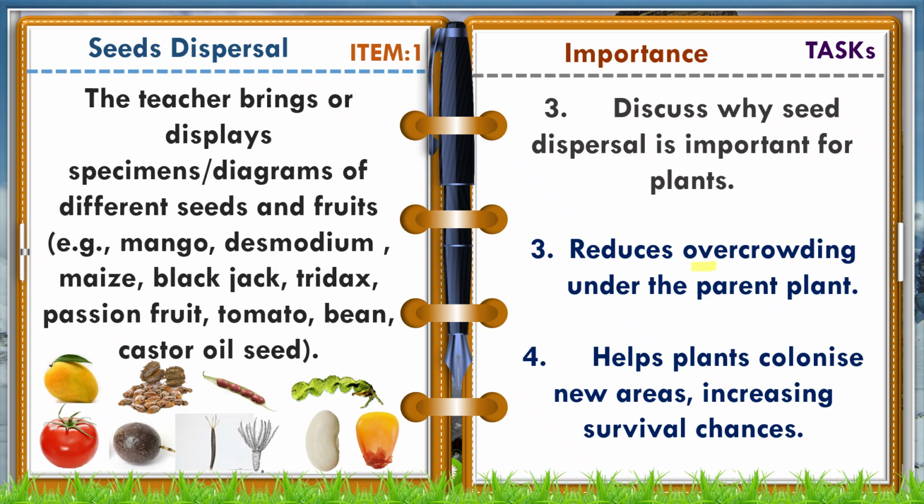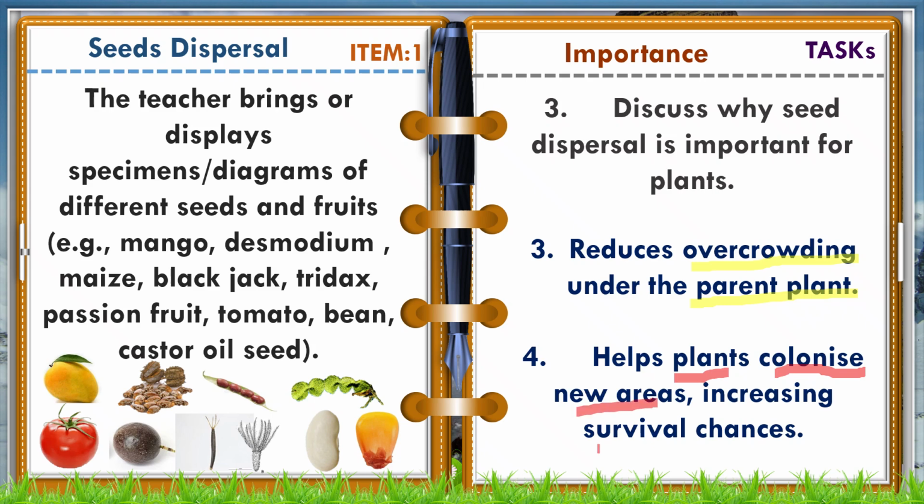They reduce overcrowding under the parent plant. So when dispersal carries the seeds to other areas, there is not going to be overcrowding around the parent. So there is going to be reduced overcrowding under the parent. Then also dispersal helps plants to colonize new areas.